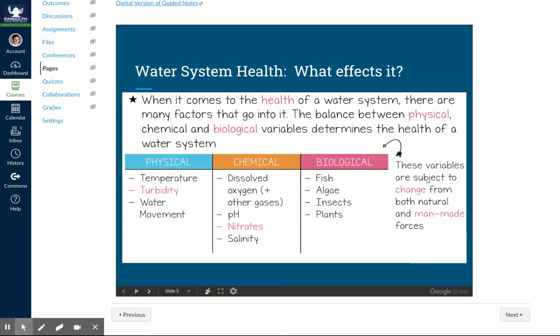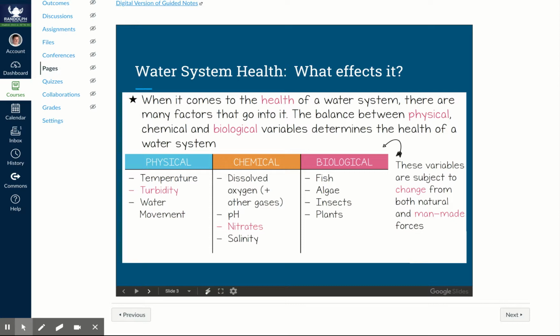We're also going to touch briefly on salinity, which is how much salt is in the water. And then we're going to look at the fish, algae, insects, and plants that are located in there. Those are our biological factors. By seeing what organisms are in the body of water, we can tell what type of health the water is in, because certain types of organisms do better under certain conditions, and if those conditions are present, then those are the organisms that are going to be there.